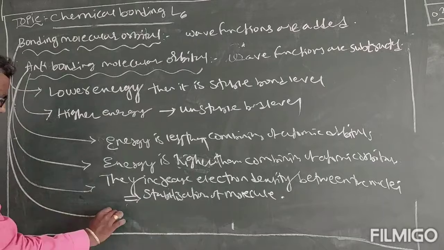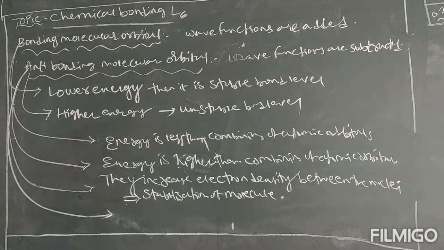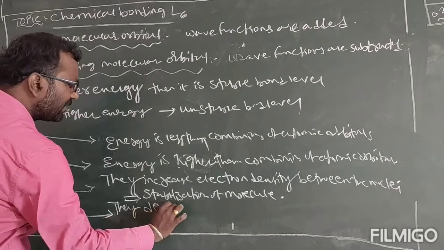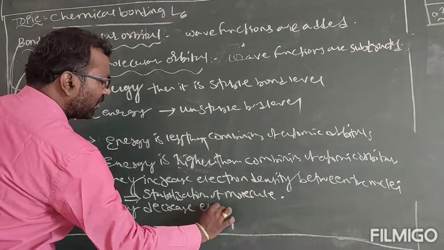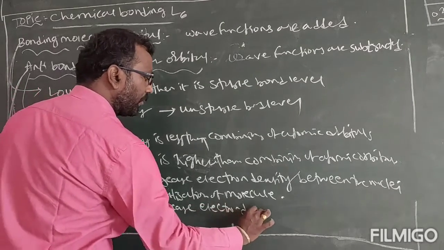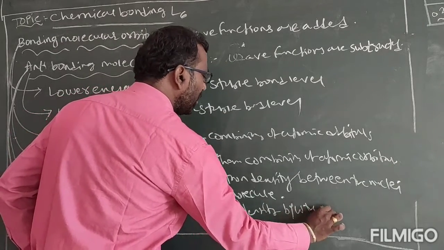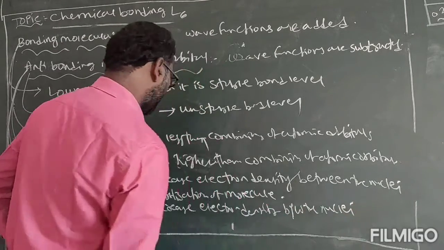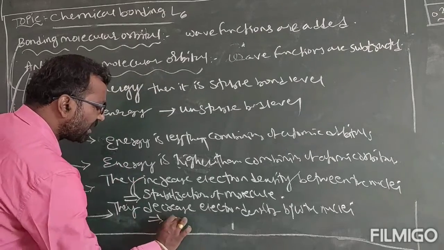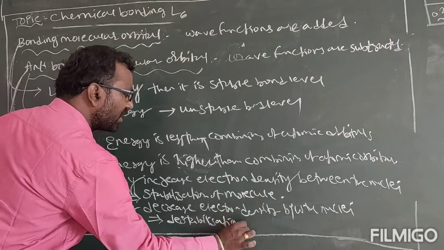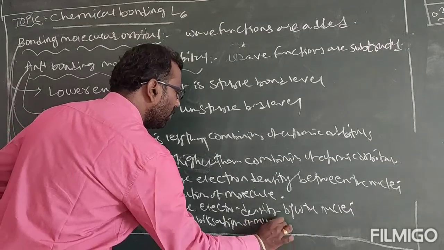Whereas anti-bonding orbitals decrease the electron density between the nuclei. So it results in destabilization of the molecule.